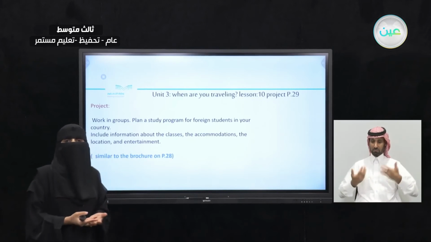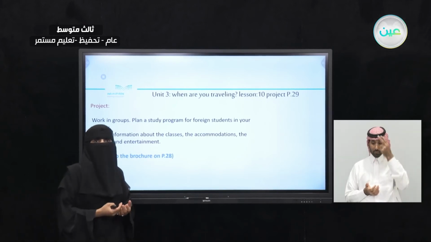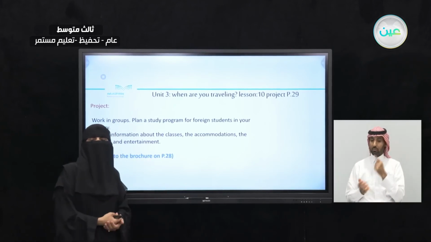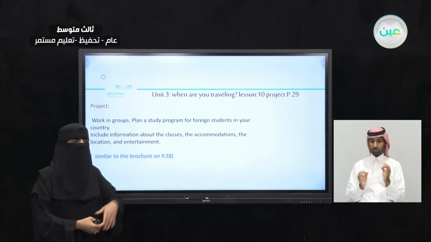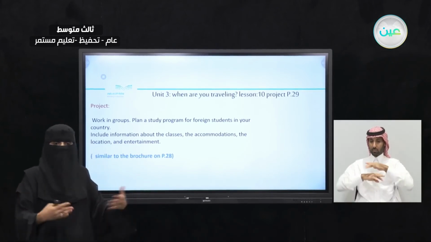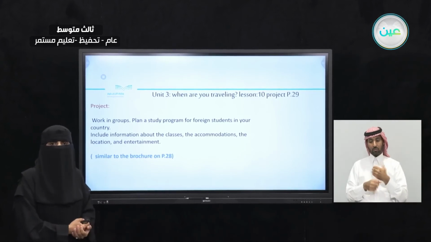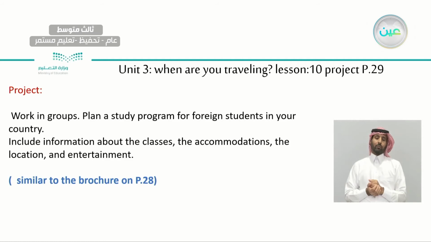The good things when they visit the country, the trips you will arrange. Is it a trip to the beach, a trip to the desert? The activities they're going to do when they come to your institution. Right? So the brochure should be similar to page 28. Also, you can refer to the homework we did today.